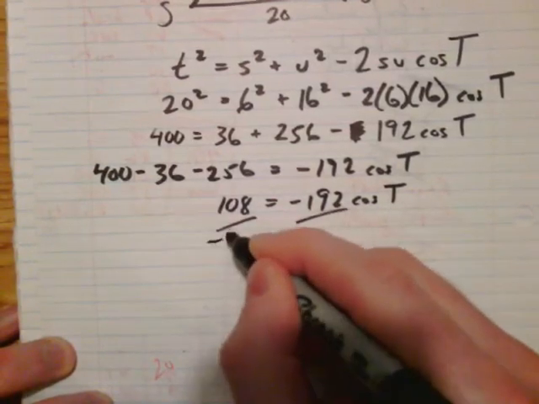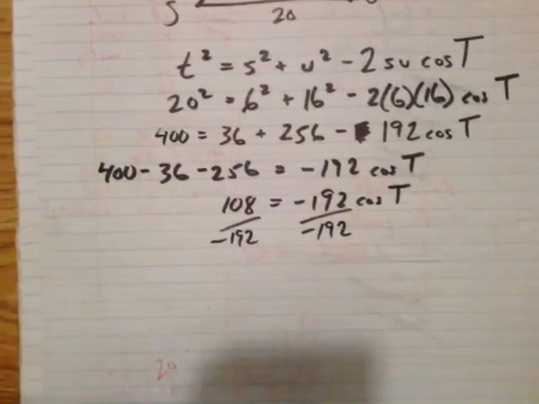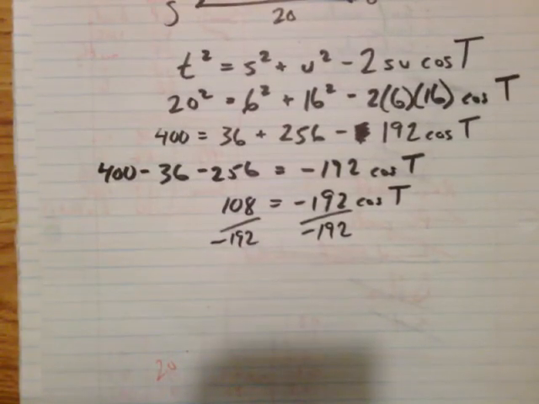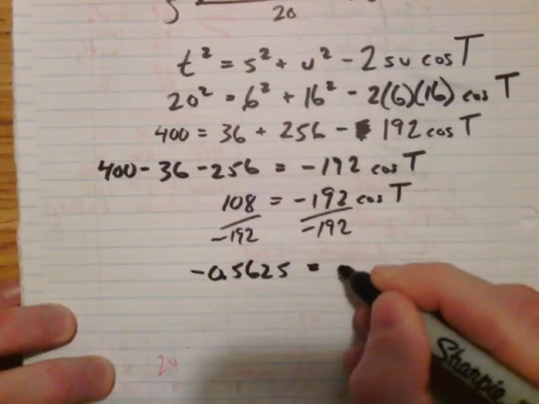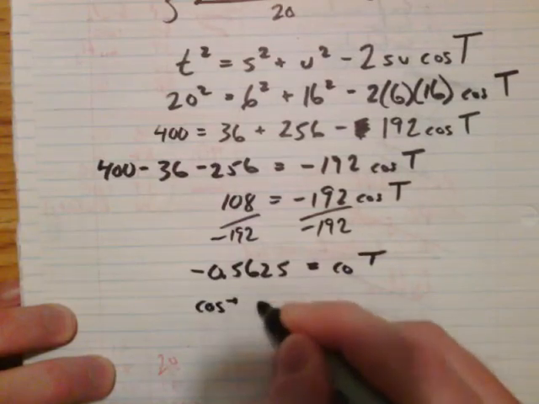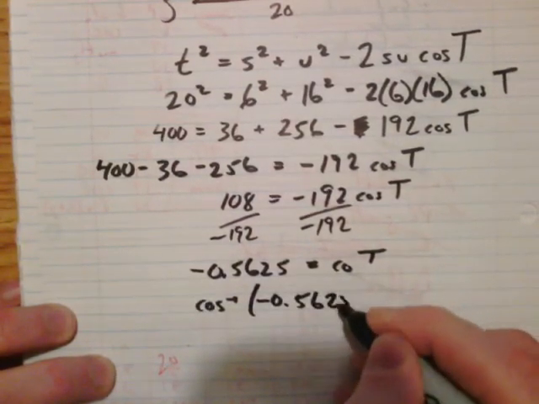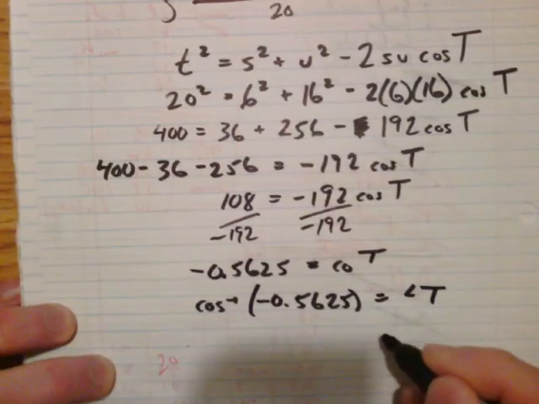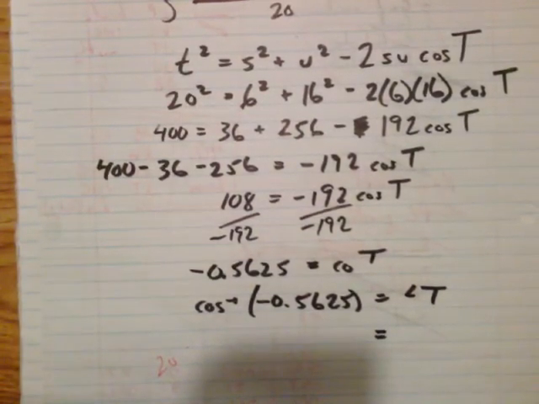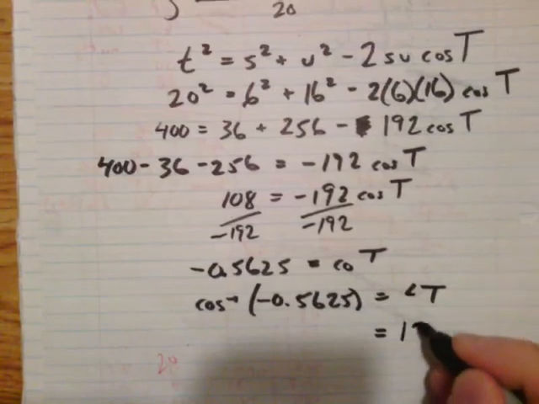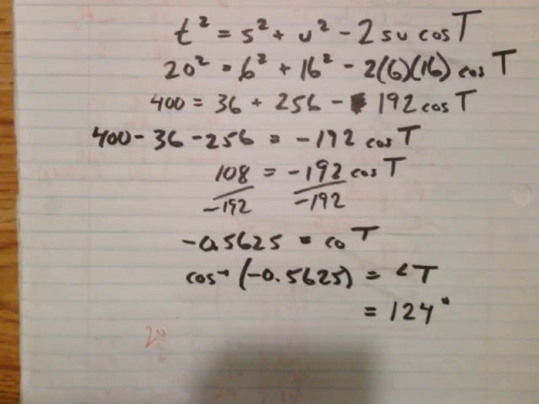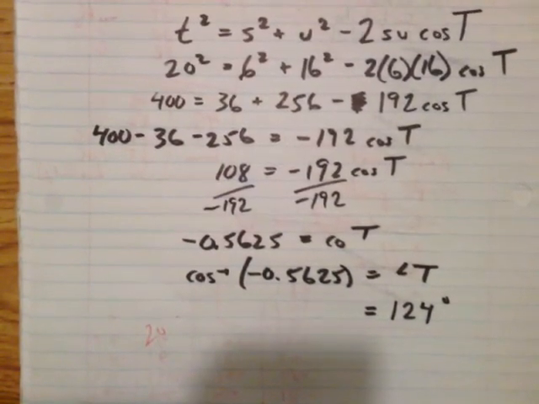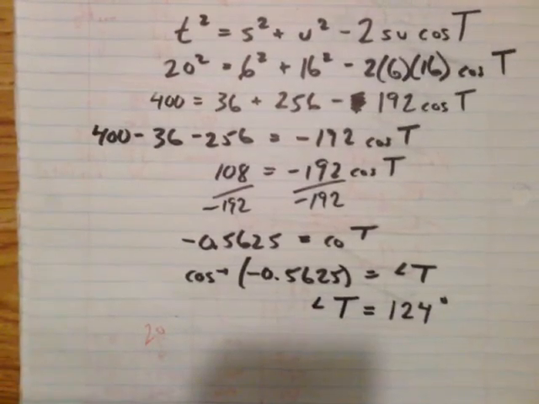Divide both sides by negative 192 and we get negative 0.5625, and that's cos of T. So we take the inverse cos of negative 0.5625, which equals angle T, which is 124.2, so 124 degrees. Cool.